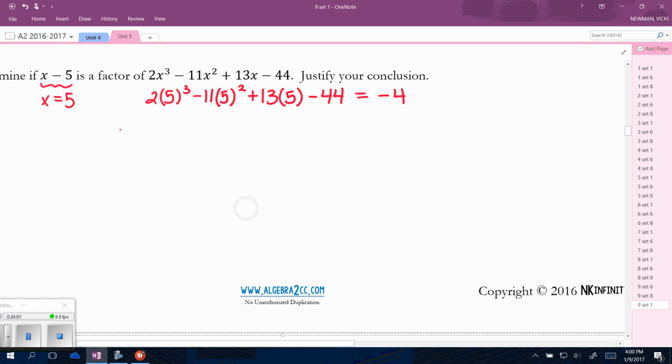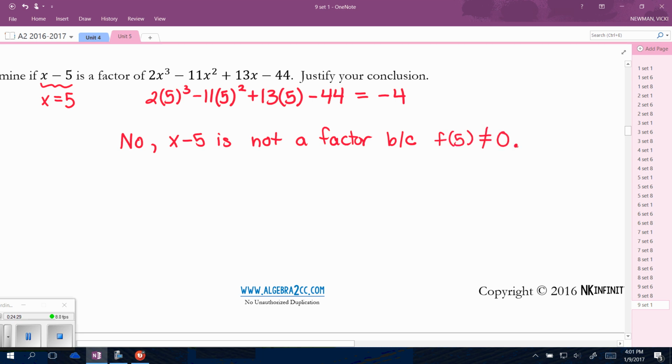So no, x minus 5 is not a factor because, and there's 2 ways you could say it here. You could say when divided, there is a remainder, or you can say because f of 5 is not equal to 0. That's using the remainder theorem.